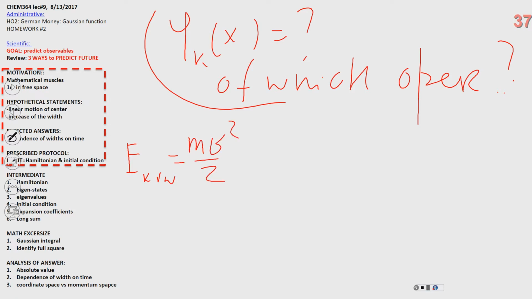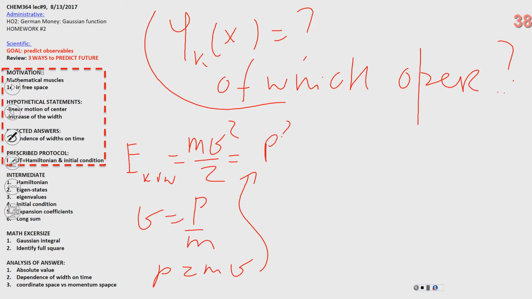And if we do not have velocity but have momentum, v equals p divided by m, right? Because p is equal to mv. So how do we convert it? If you replace v by p over m, p squared over 2m. Excellent.